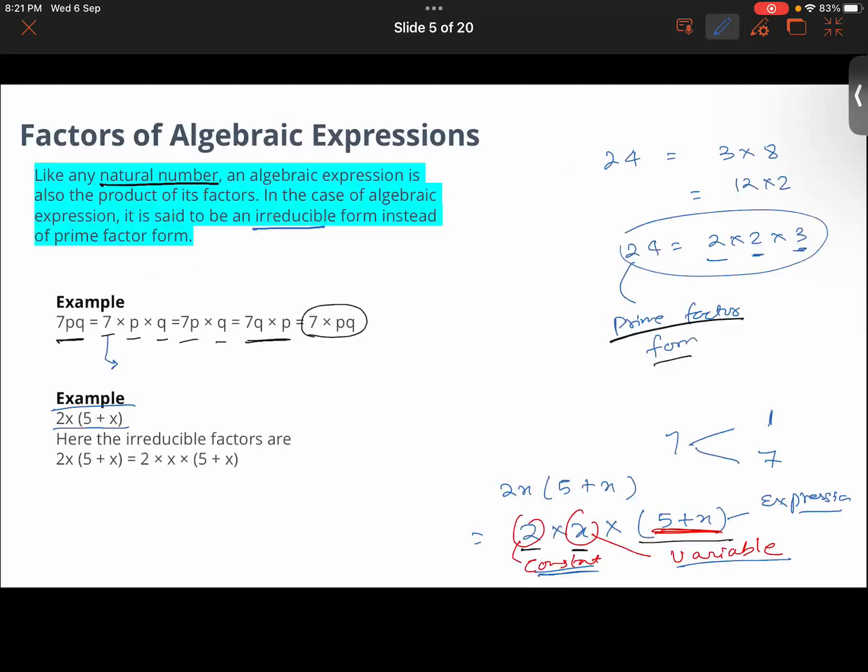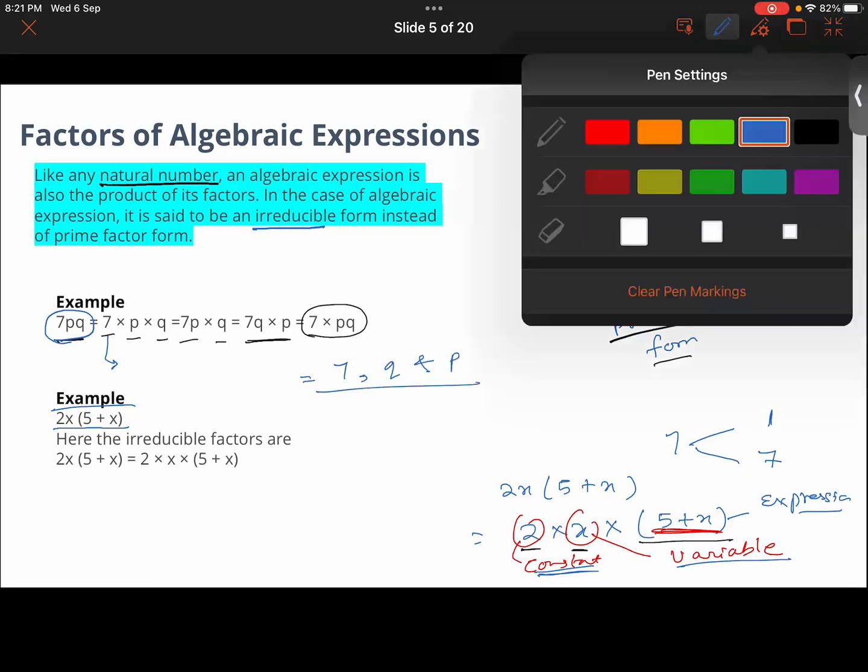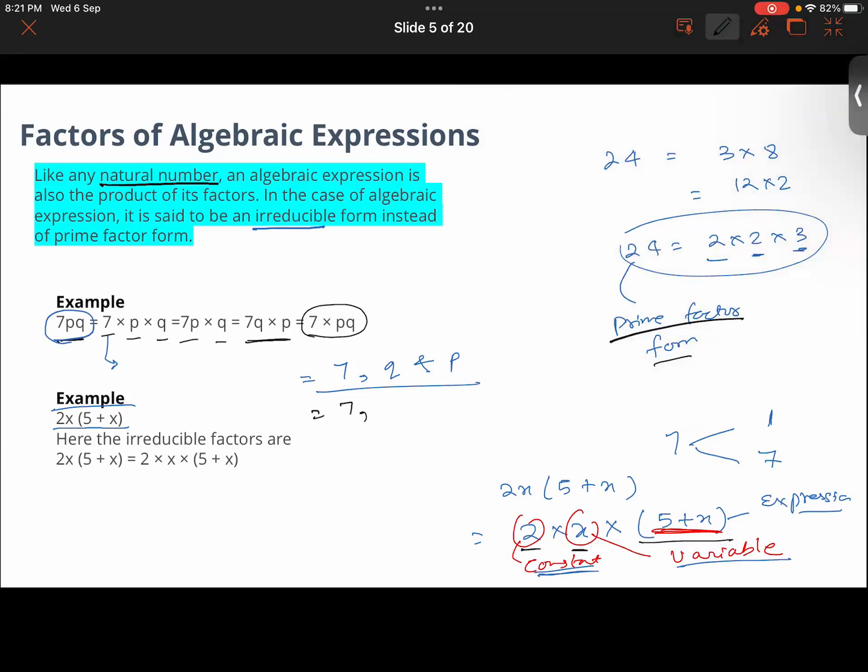The expression which you just saw here was a very simple algebraic expression where it was easy to find its factors. The factors were 7, Q and P. Or you could have written it like this also: 7Q and P, or 7P and Q. So it was very simple to find the factors of easy expressions.